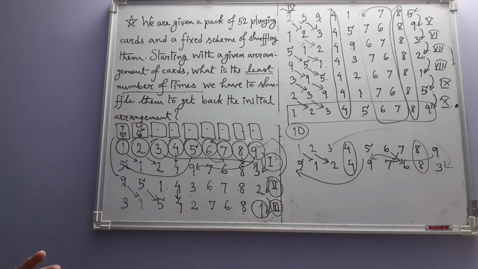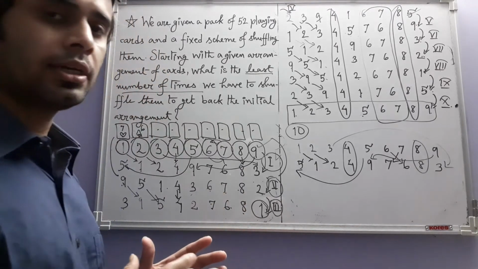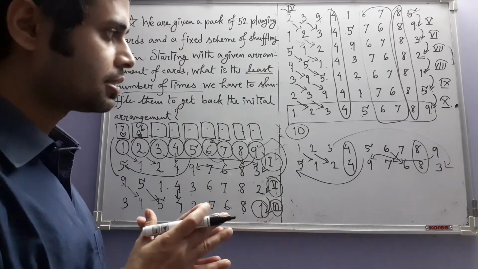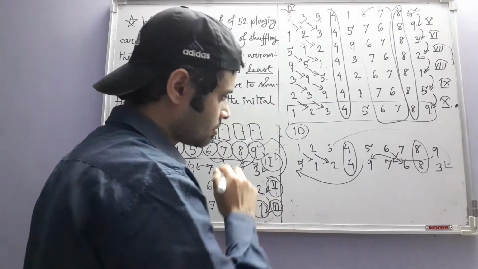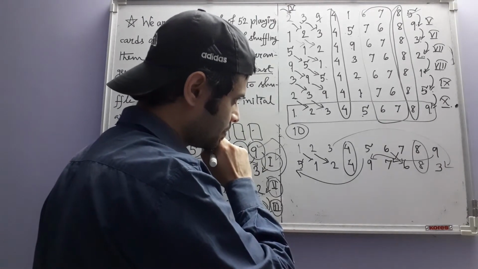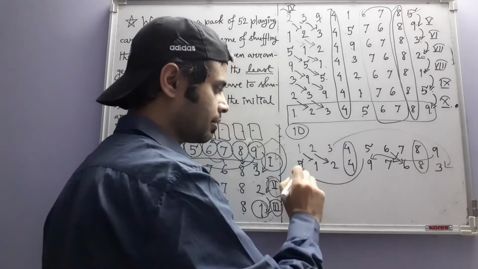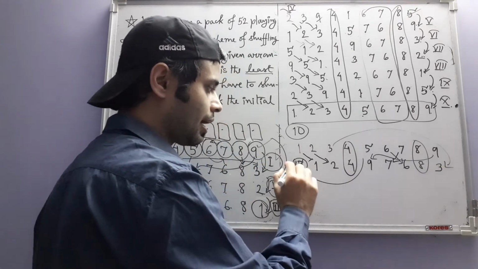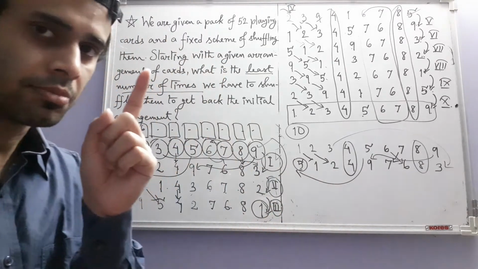Can I do something better? Can I formulate a notation which expresses this more neatly? So, looking at this arrangement, actually this is the thing that I want. I want to know that 5 comes to the first place.